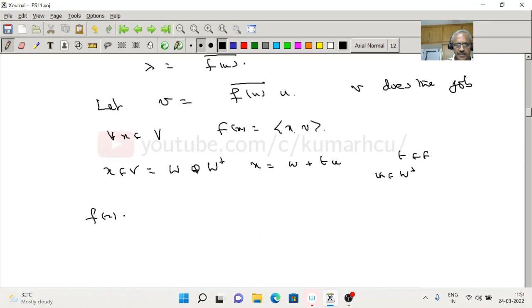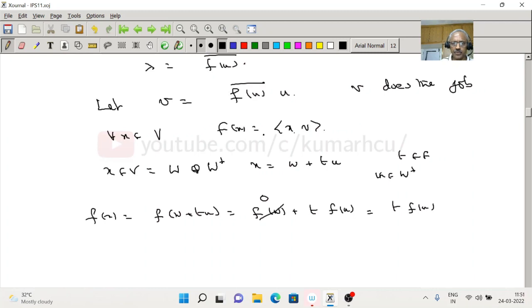Therefore what is F of x? F of x is going to be F of W plus T U, but that is F of W because it's linear, plus T times F of U. And this is 0 because W is in the kernel. Therefore this is T times F of U.